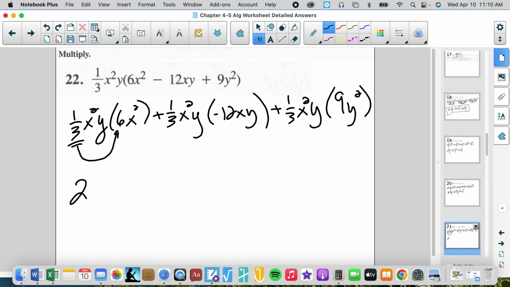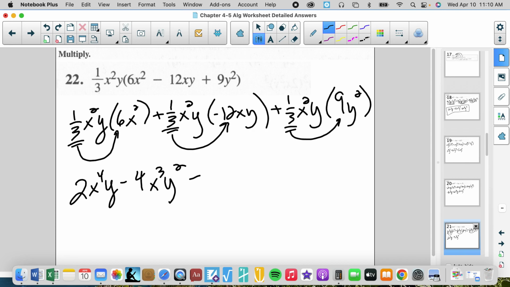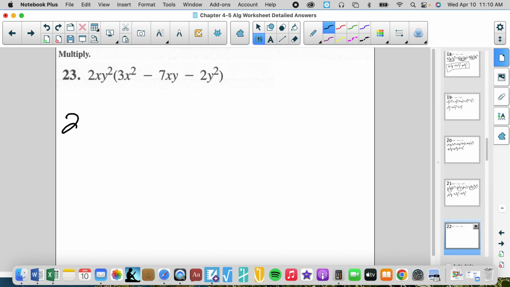You should be able to mental math that. x to the fourth y. 1/3 times negative 12 is negative 4. x to the third y squared. 1/3 times 9 is positive 3. x squared y cubed. Should not slow you down.